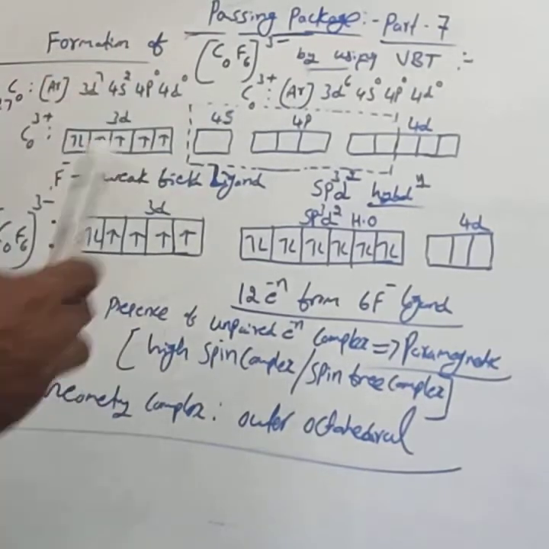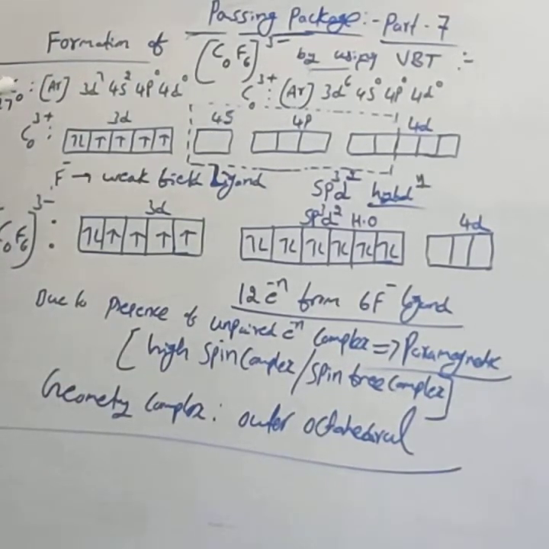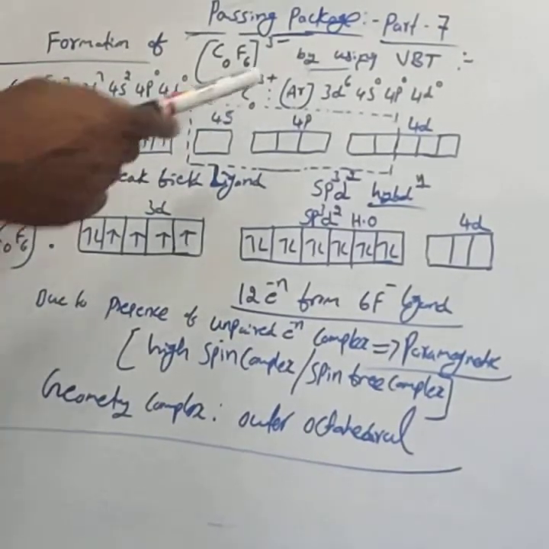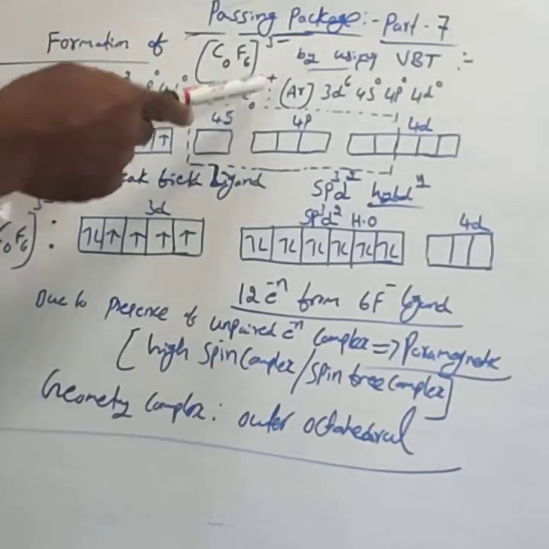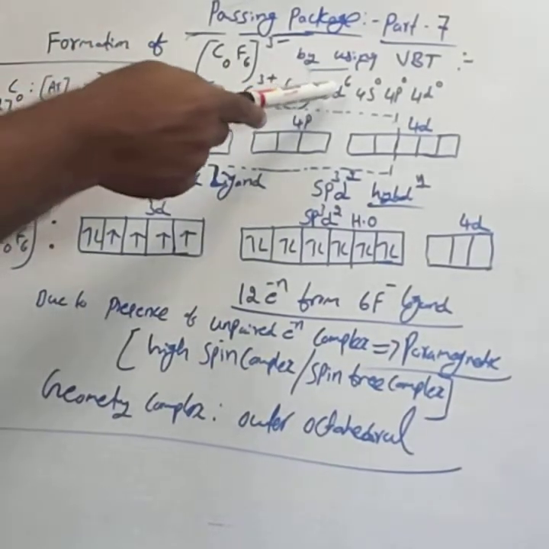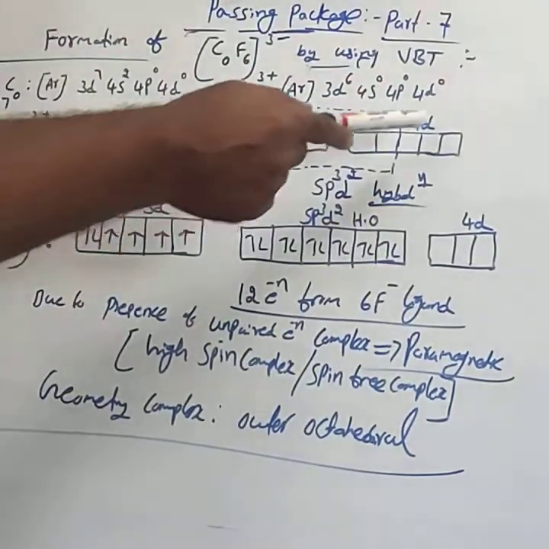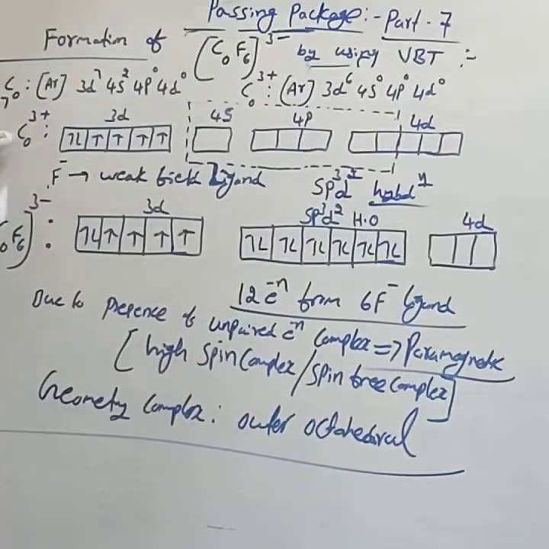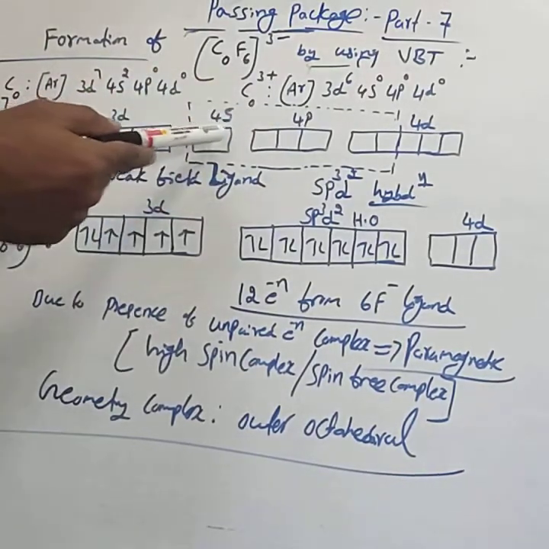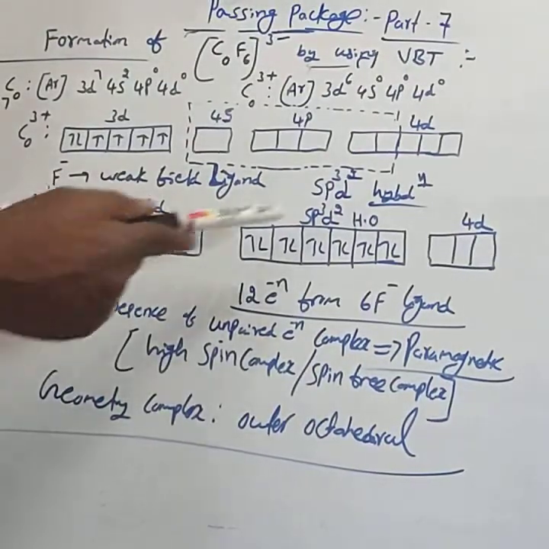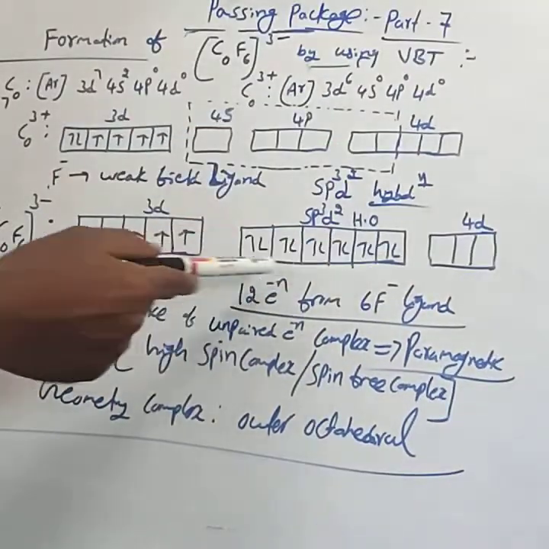Right? As it is, you get 3 marks. First one is ground state configuration of cobalt: 3d7, 4s2, 4p0, 4d0. Oxidation state is 3+. Cobalt 3+ configuration is argon 3d6, 4s0, 4p0, 4d0. Then you represent that configuration in the box diagram. Then in the presence of weak field ligand, they undergo sp3d2 hybridization, forming 6 vacant hybrid orbitals.